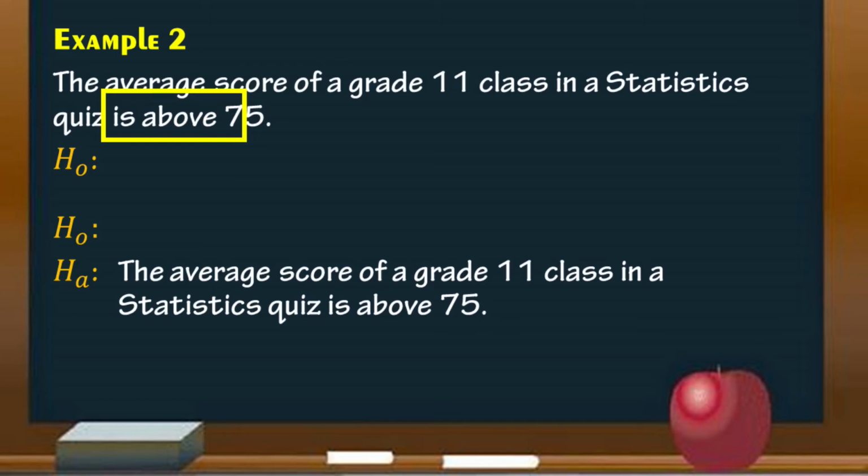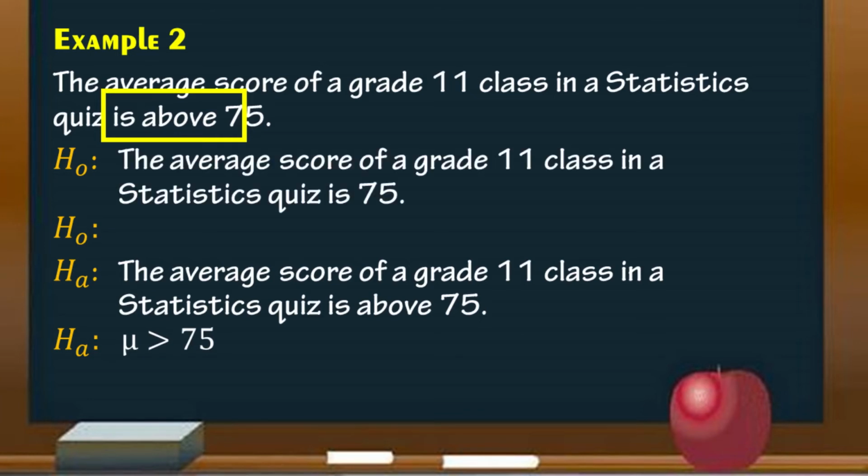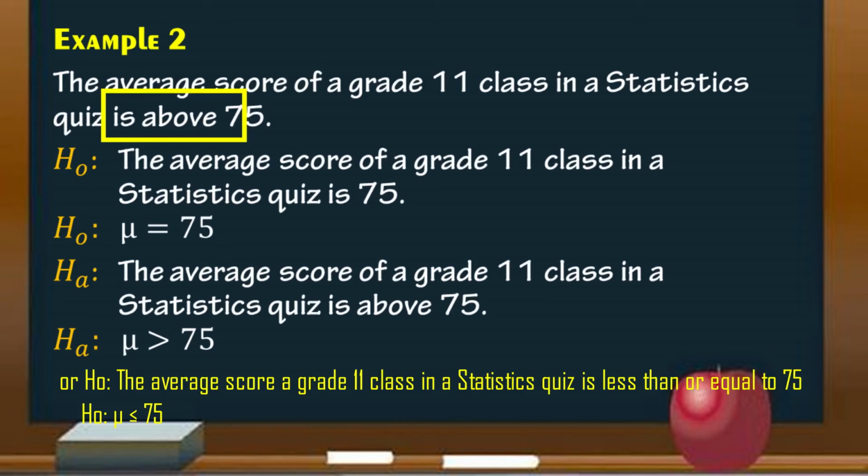In symbols, we have H sub A, mu is greater than 75, and the null hypothesis is the average score of a grade 11 class in a statistics quiz is 75. In symbols, H sub O, mu is equal to 75. We may also use lesser than or equal to because the average score can be equal to 75 or below 75.